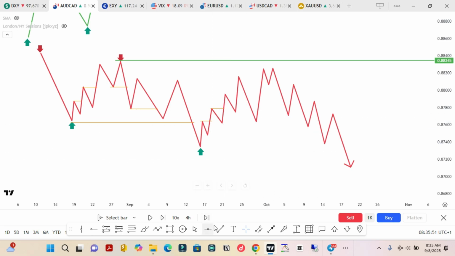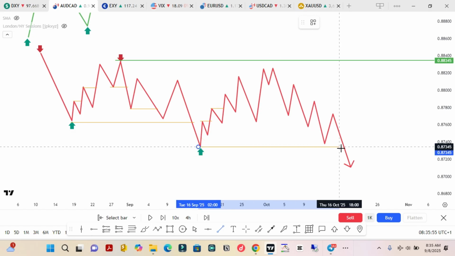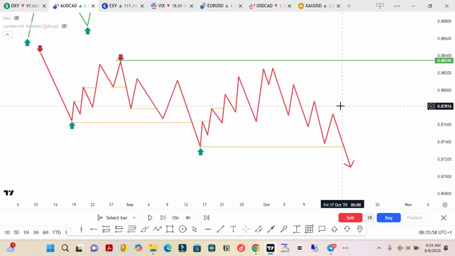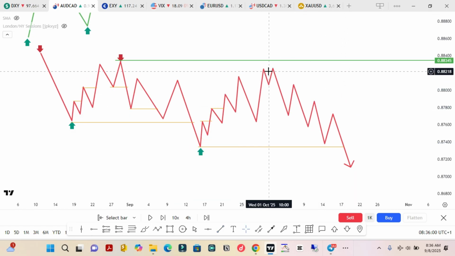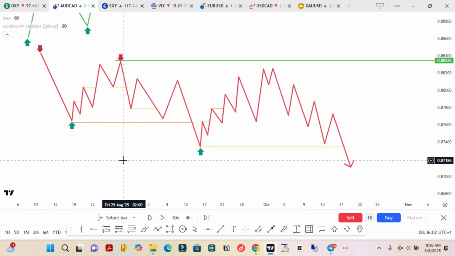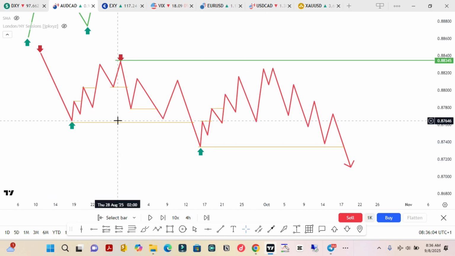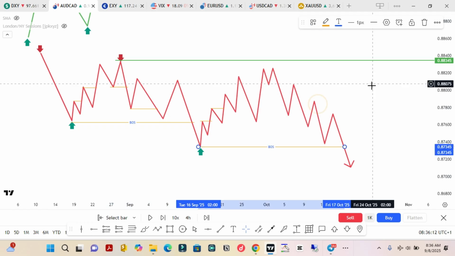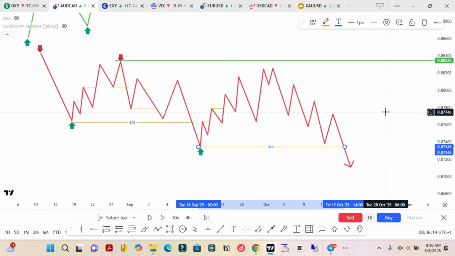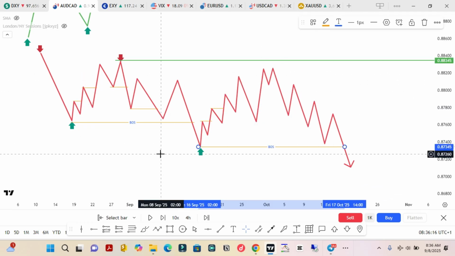After that, the price again took out this level 2 and continued to the downside after this pullback. So this is exactly what we mean by overall structure. This is the overall structure of this particular market: the overall structure is downtrend.